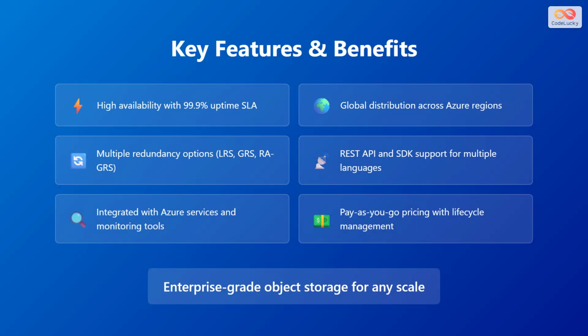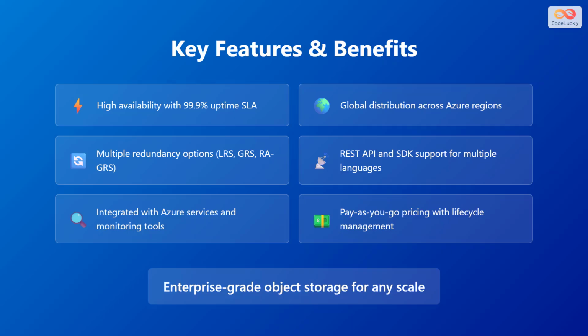Azure Blob Storage comes with enterprise-grade features that make it reliable and scalable. It offers high availability with a 99.9% uptime SLA, ensuring your data is accessible when you need it. With global distribution across Azure regions, you can store data close to your users for better performance. Multiple redundancy options, including LRS, GRS, and RA-GRS, protect your data against failures.